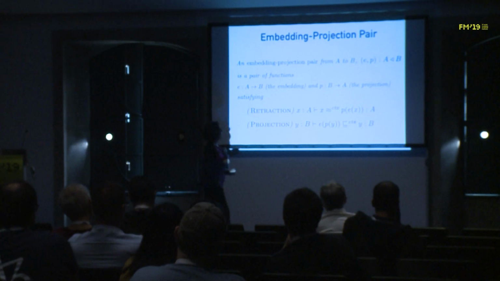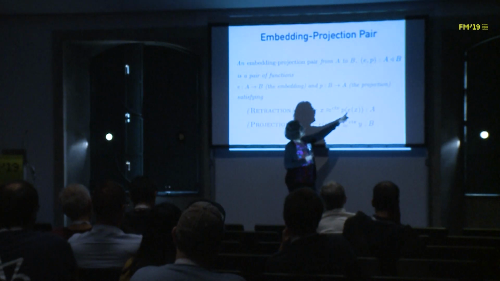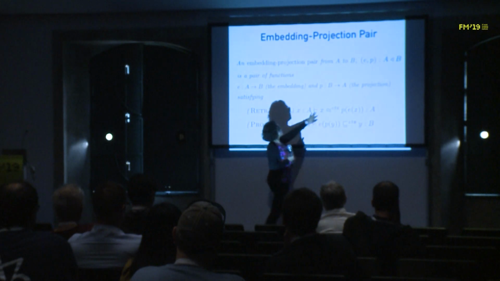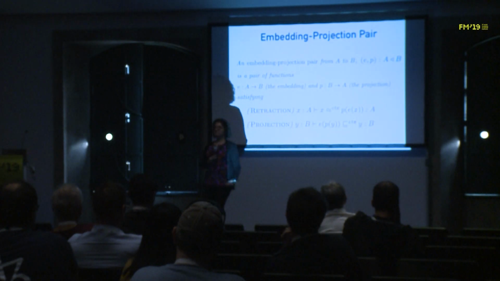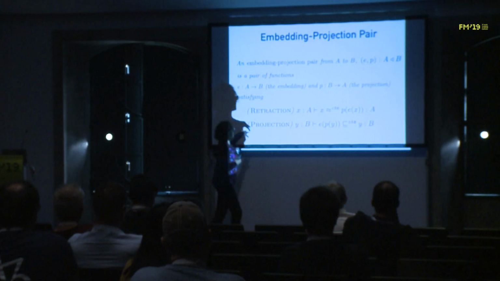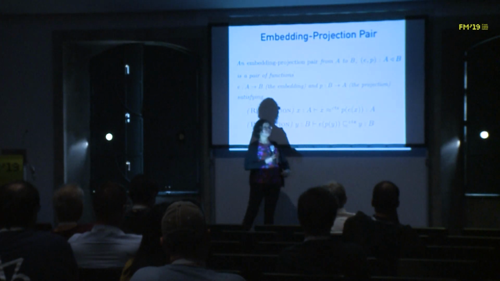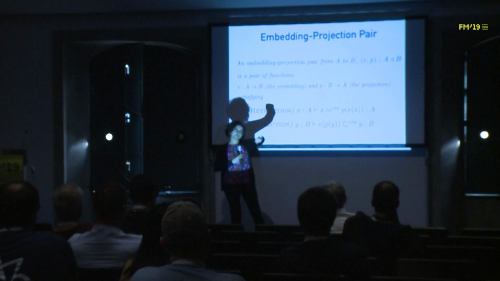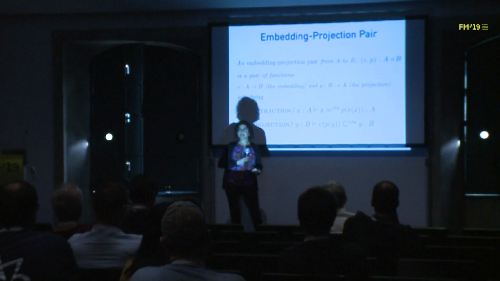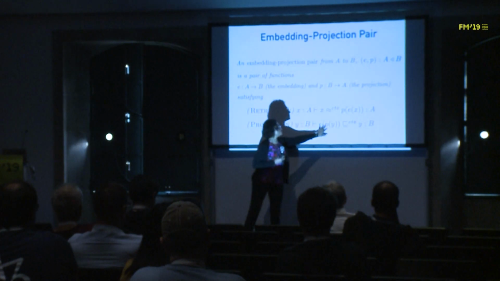What do these say? Basically, if you embed X into the less precise type, and then you project from that, you will always get something that's equivalent to X. In other words, making something less precise and coming back again is the identity. The projection property says that if you project out of something less precise into something more precise and then come back again, then you might have more errors on this side.